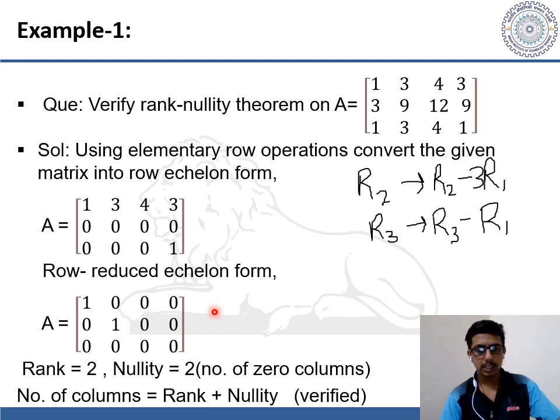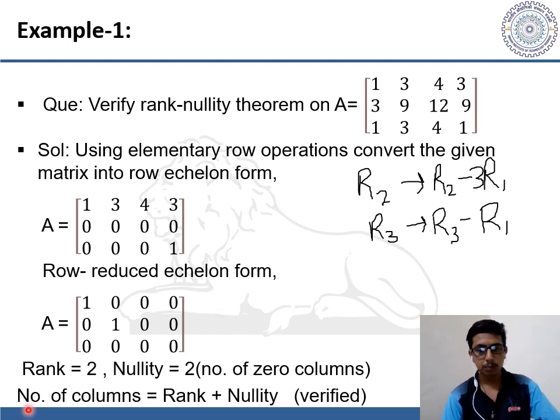Here we can see the number of linearly independent rows, or number of non-zero rows, is 2, so the rank of the matrix is 2, and the nullity of the matrix is 2, meaning these two columns are responsible for the solution of the equation Ax equal to 0.